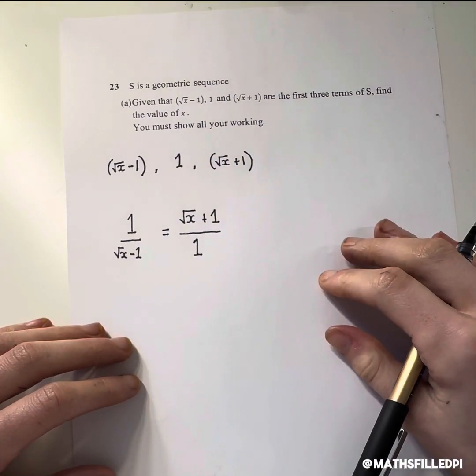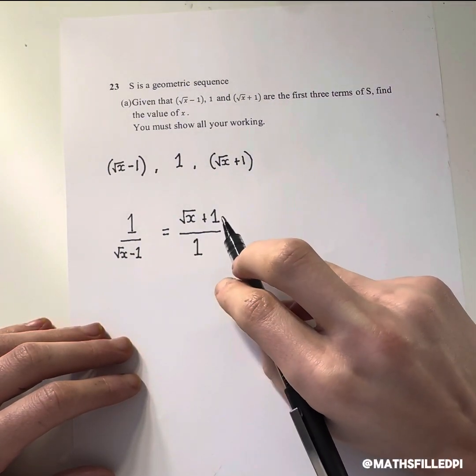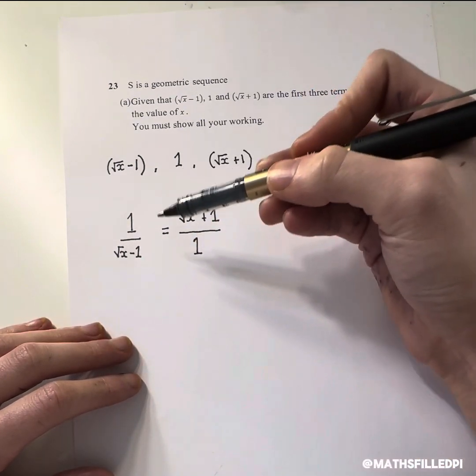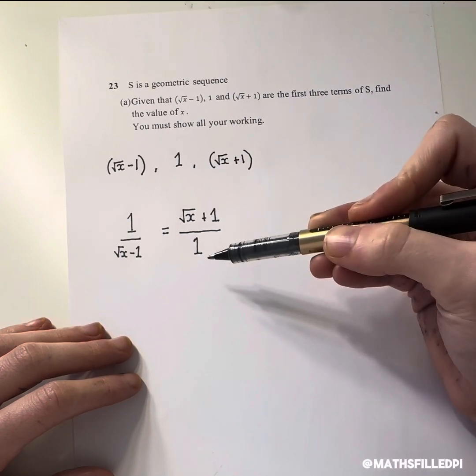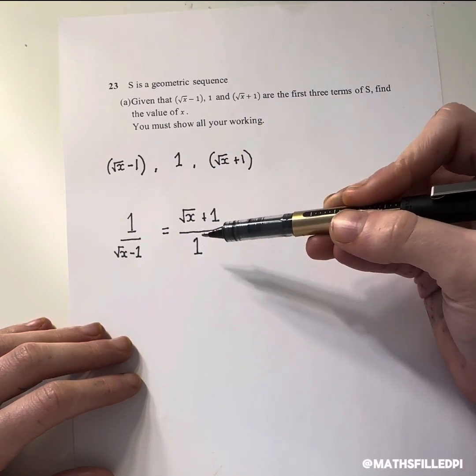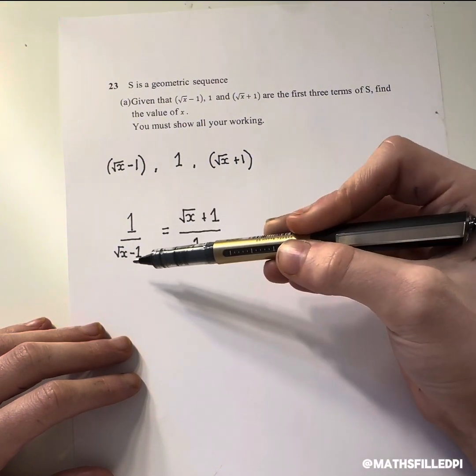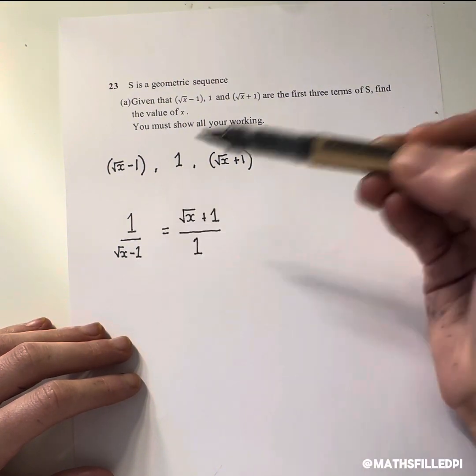Now, in order for us to get all the x's on one side of the equal sign, we're going to cross multiply. So we're going to multiply both sides by 1 to get rid of this denominator on this side, and we're going to multiply both sides by root x minus 1 to get rid of this denominator.